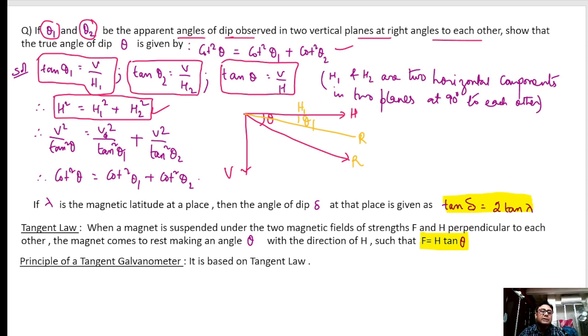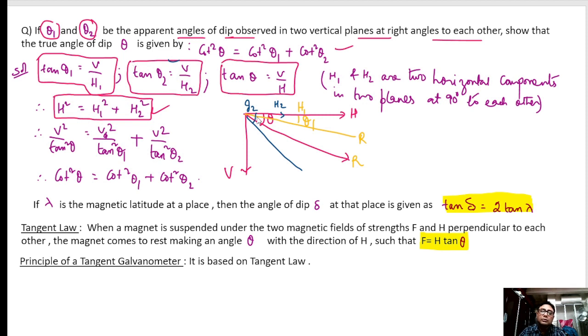And if this is theta 2, and it gives you H2, then tan theta 2 will be V by H2.